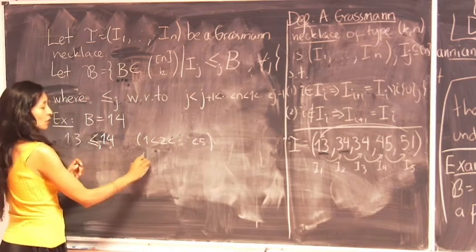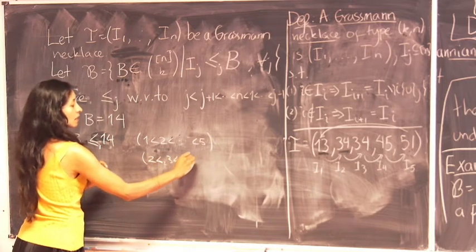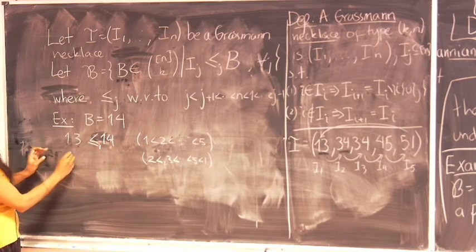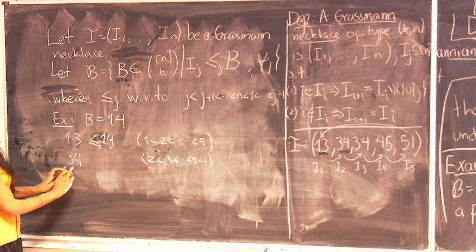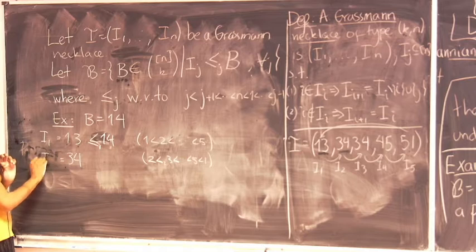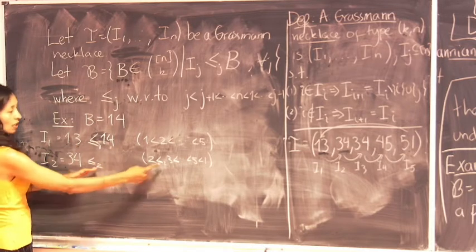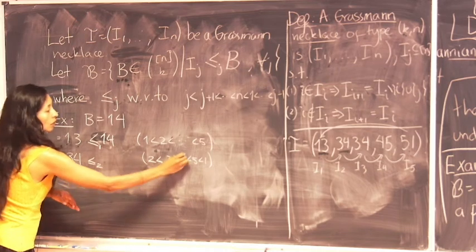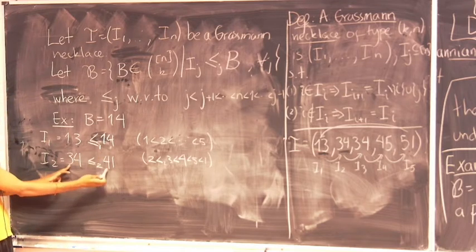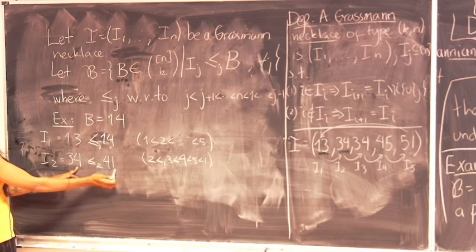For the next order, now my underlying order is this, 2, 3, 4, 5, 1. I have 3, 4, which is the second element in the Grassmann necklace. This was the first one. And I want to compare it with B, which according to this order I'm going to write as 4, 1. And we see that component-wise, 4 is bigger than or equal to 3 in this order, and 1 is bigger than or equal to 4 in this order.